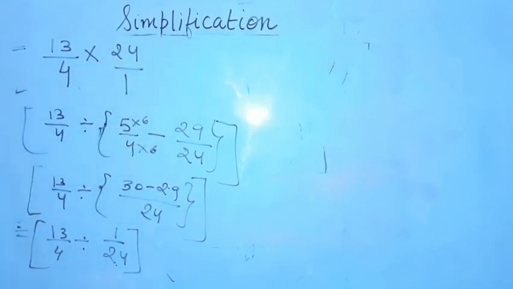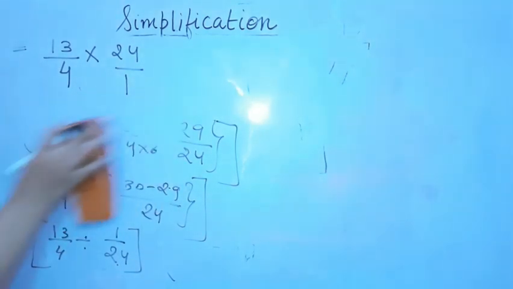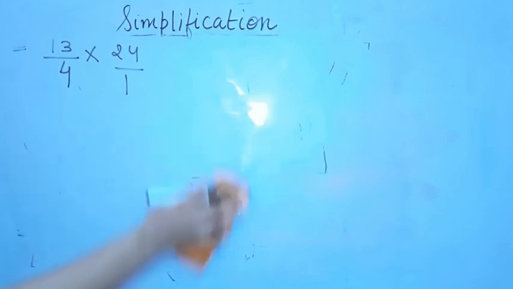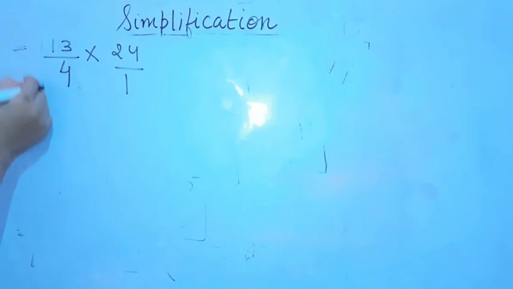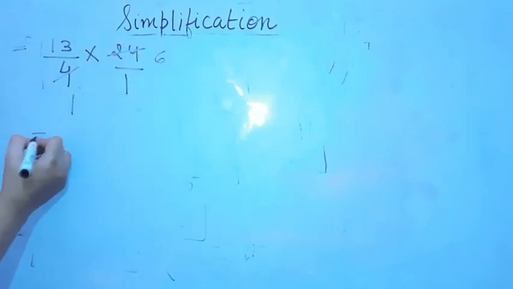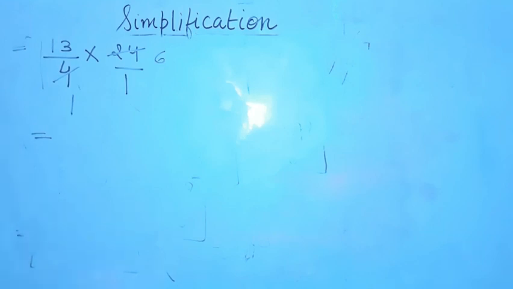So as per the division of fractions, we take the reciprocal of the second fraction and multiply it with the first one. Now can we reduce it, either numerator with denominator like this or like this? Yes, we can. 4 1s are 4, 4 6s are 24. Now 13 6s are 78. So the final answer is 78.